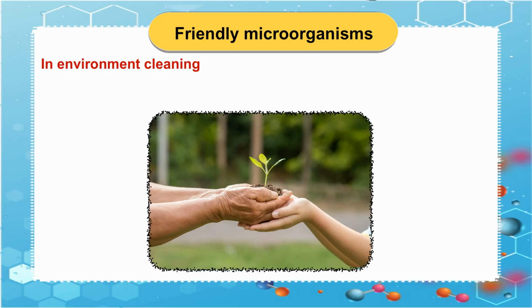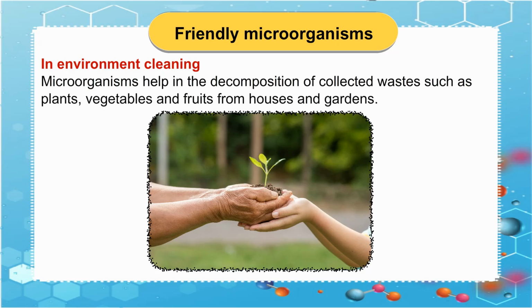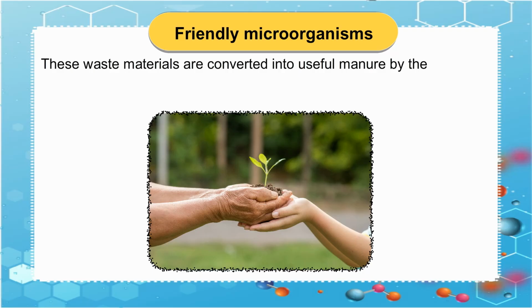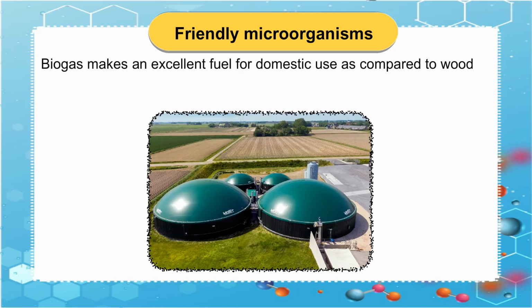In environment cleaning, microorganisms help in the decomposition of collected wastes such as plants, vegetables and fruits from houses and gardens. These waste materials are converted into useful manure by the microbes. In some villages, all the natural waste is converted into biogas and manure.